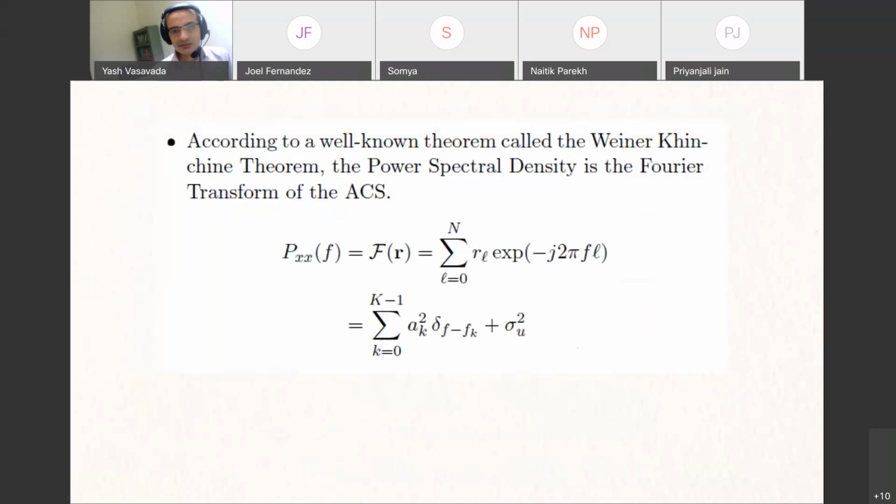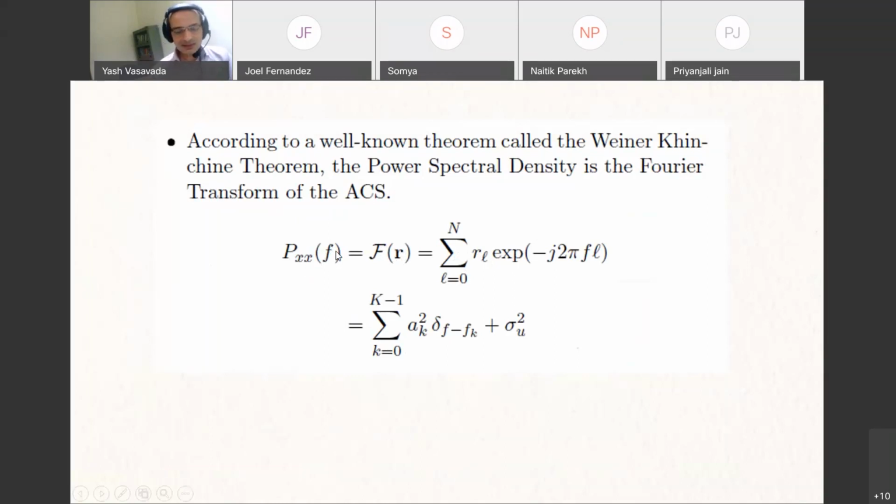But it turns out that for a statistical sequence, if I take the Fourier transform of this correlation sequence, which is a function of the delay, what I get is the power at the different frequencies. And these are the real frequencies, not some delay frequencies or some strange notation like that.